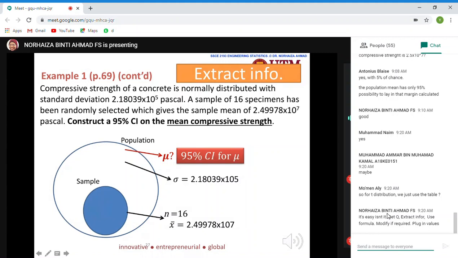That's why I always stress you need to know the symbol, because your formula is dependent on your symbol. The method that I've shown here is crucial, that you know which information they have given, and which symbol to use in order to construct that interval.